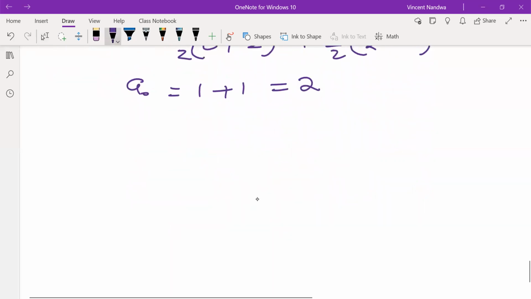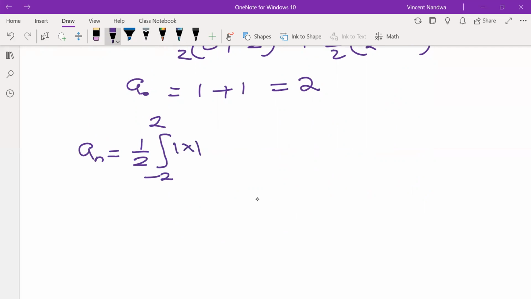And then an is 1 over 2 integral from minus 2 to 2 of absolute value of x, which is a half integral, then you multiply by cosine of n pi x over 2, because the value of c is 2, and then dx.